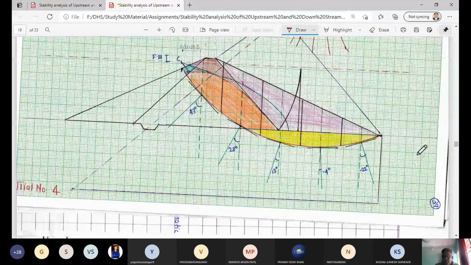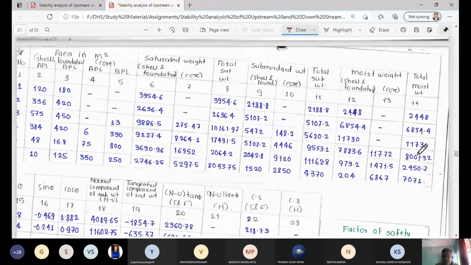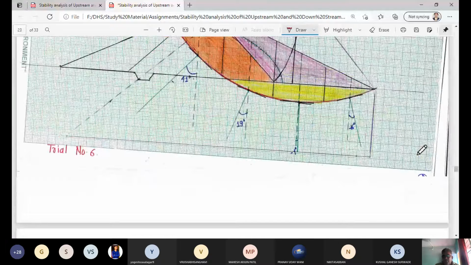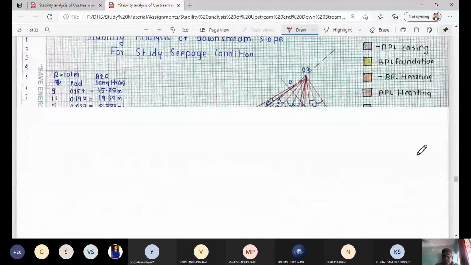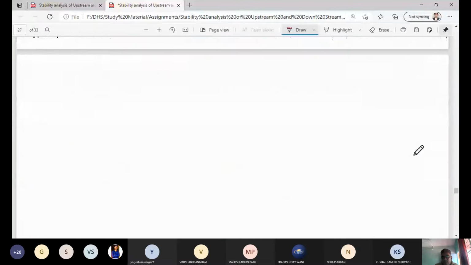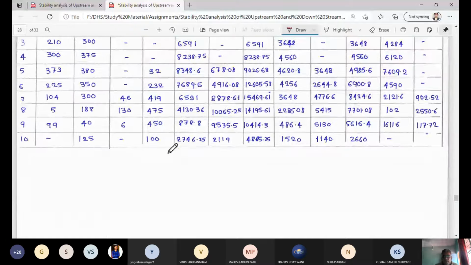So this is the way you take the trials, and finally you have to find out the factor of safety. It should remain within the range. This is the way to calculate all the values of the factor of safety. How many trials have they taken?